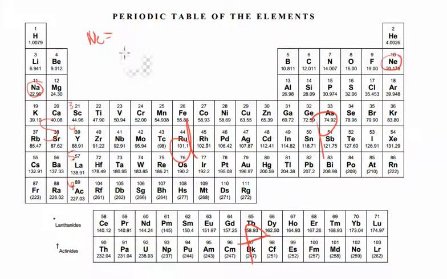We start up here, hydrogen, 1s1. Remember, we can think of helium as being moved over here, so that's 1s2. Then we go 2s1, 2s2, and here's where neon is, so 2p1, 2, 3, 4, 5, 2p6.